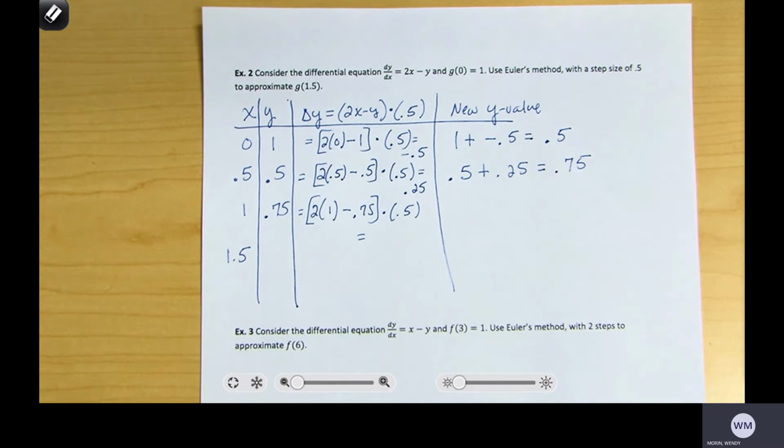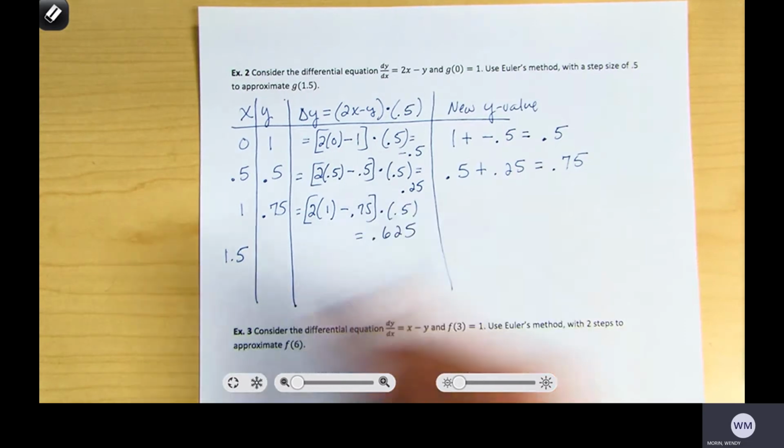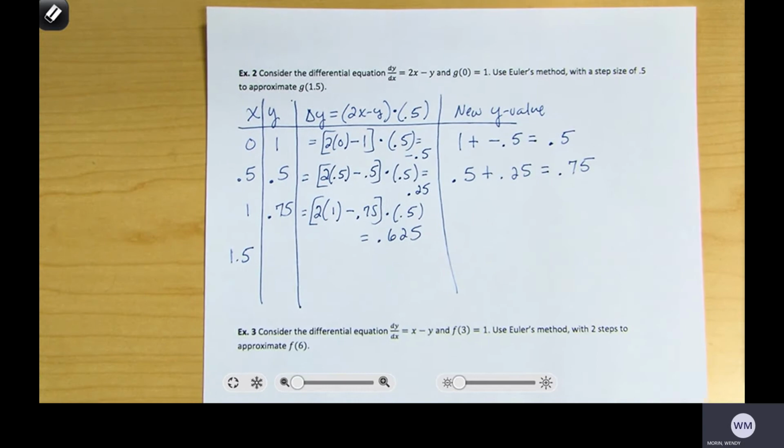Let me double check on my calculator here because I got a decimal. So 2 minus 0.75 times 0.5. Yeah, so 0.625 or 5/8. We'll just go with the calculator and use the decimal.